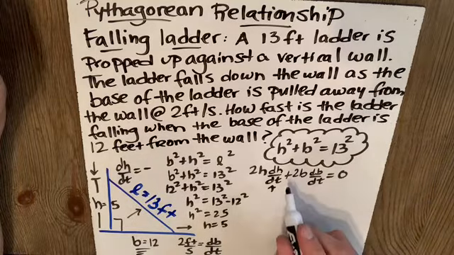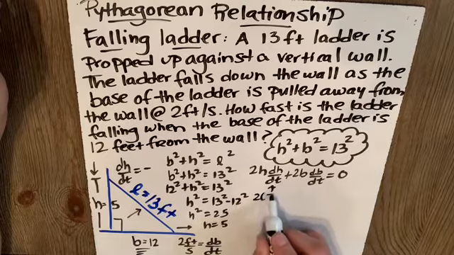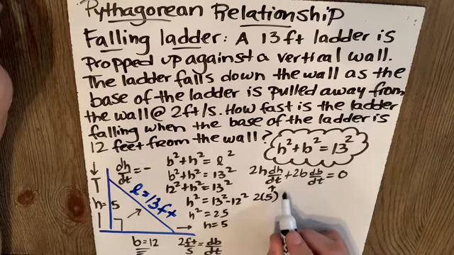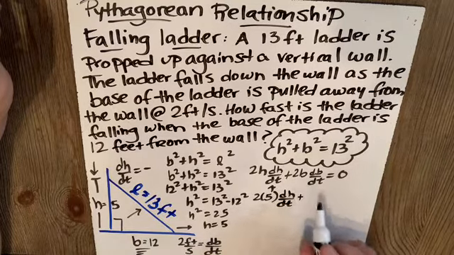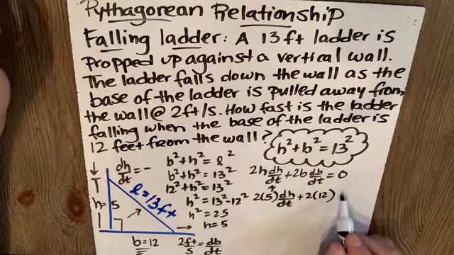So I could have just done that as well. So I want to substitute for h. 2 times 5, the instant that our b is 12, h is 5, dh/dt plus 2, they told us when the base is 12, dB/dt.